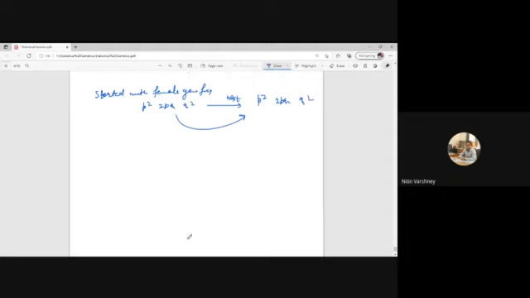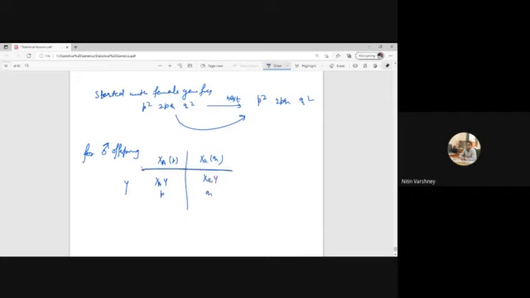Similarly, for male offspring, we will write here Y and here X^A p and X^a q. So we will remain with X^A Y and X^a Y. So the probability will be p and q here.